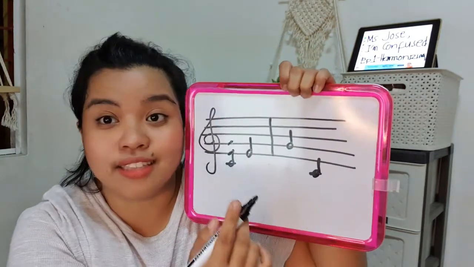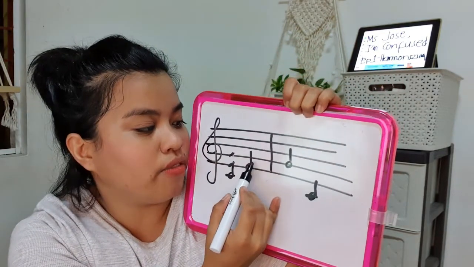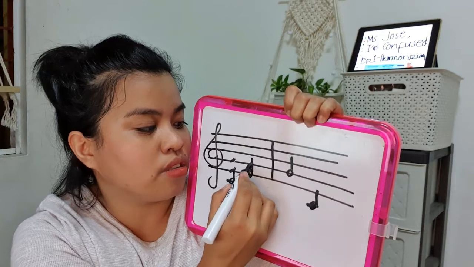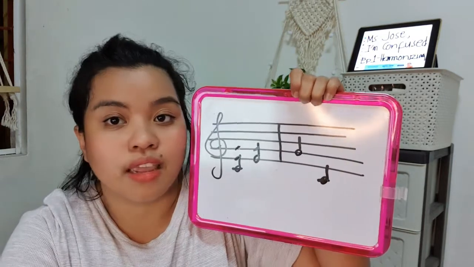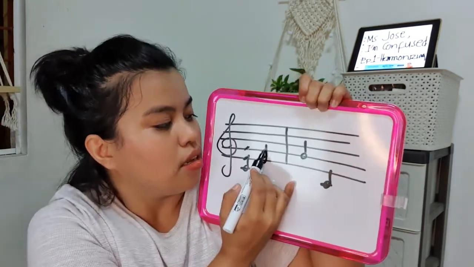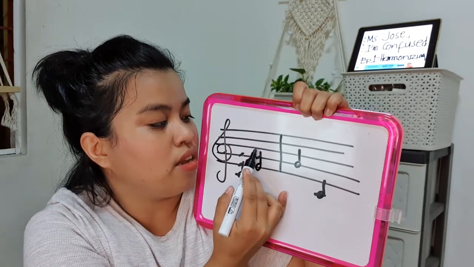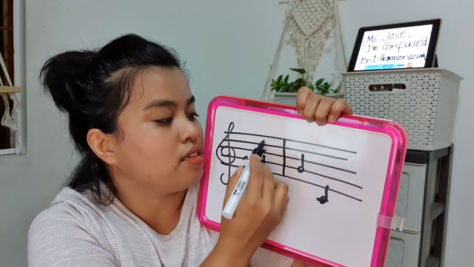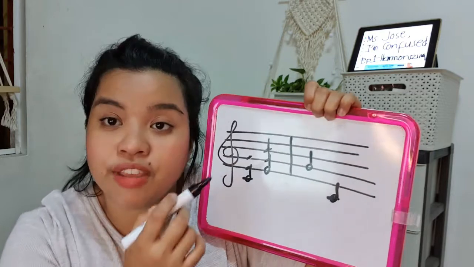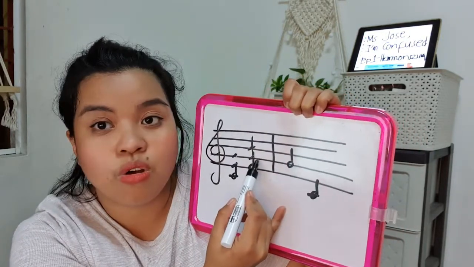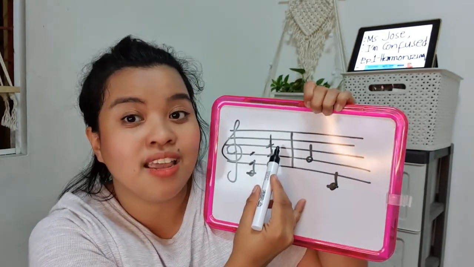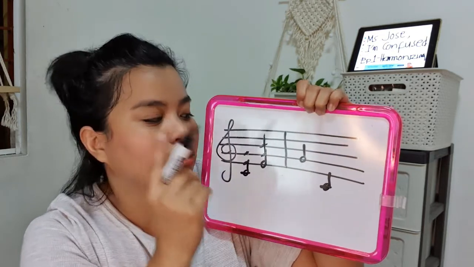Mi has a third and the fifth also. Mi, fa, so. That's the third. And mi, fa, sol, la, ti. That's the fifth. Third is so. Fifth is si. Okay?